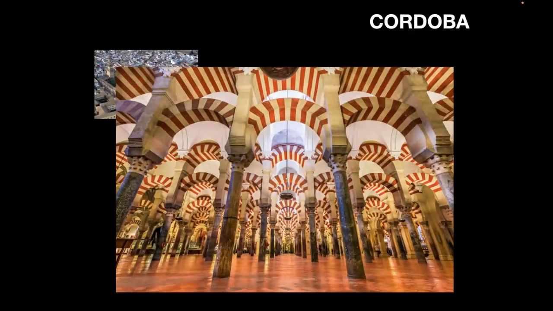So this is inside. We see this is the mosque part of the structure. It was built as a mosque in 784 AD, and later, after the Spanish conquest, it was converted into a Catholic church. So it has basically two separate architectural styles in two separate parts.